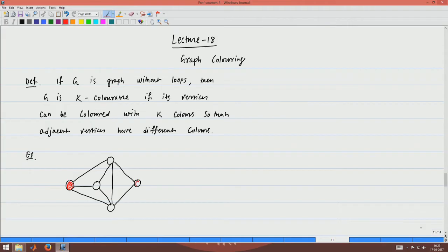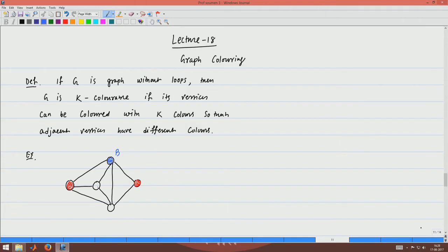But I can color this vertex red, because these two are not adjacent. Let me take then another color, say blue color for this vertex. Just write blue in case the color is not clear.